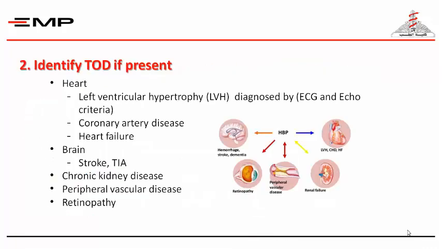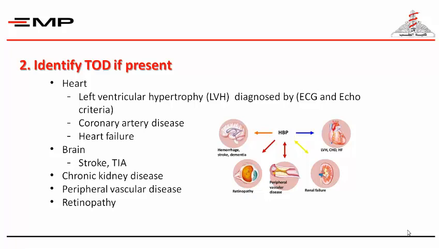The second part in risk stratification is to identify if there is target organ damage or not. The organs we are looking for are the heart, if the patient has left ventricular hypertrophy as diagnosed by the ECG criteria or the echo criteria, coronary heart disease, or heart failure.